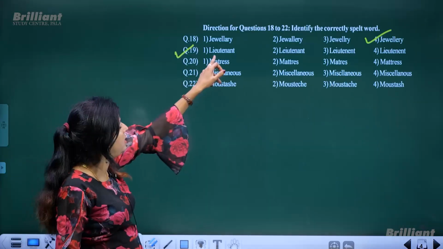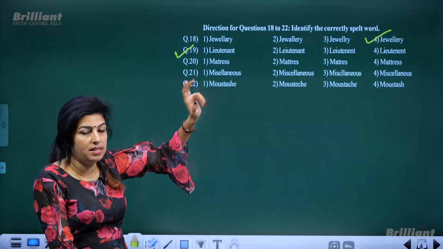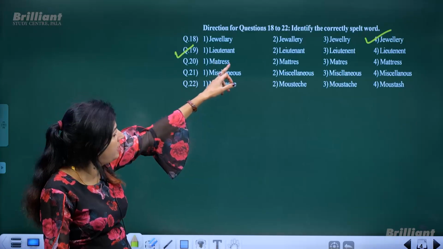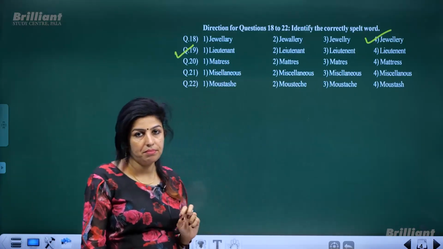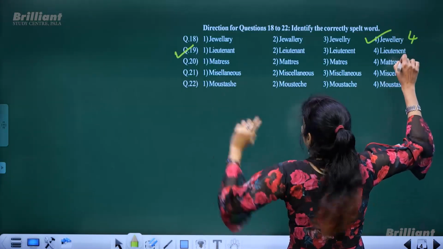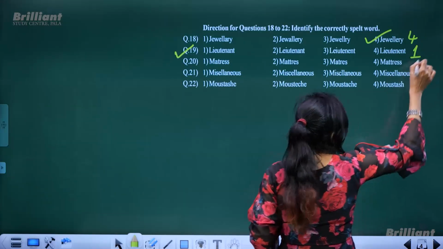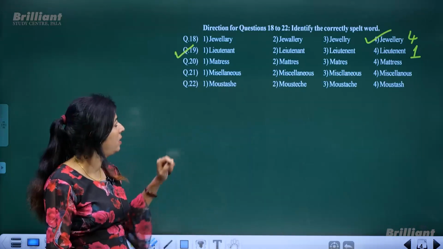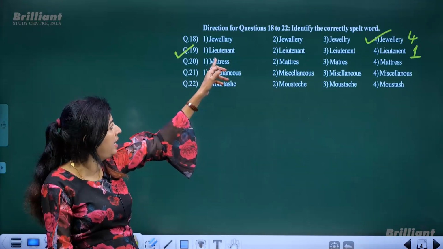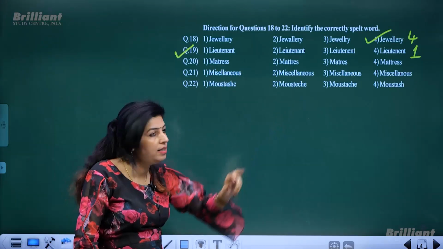Lieutenant with T-E-N, tenant, T-E-N-A-N-T, not T-E-N-E-N-T. Okay, so here 18th one option number 4, 19th one option number 1. So lieutenant with L-I-E not L-E-I, and tenant with T-E-N-A-N-T not T-E-N-E-N-T.